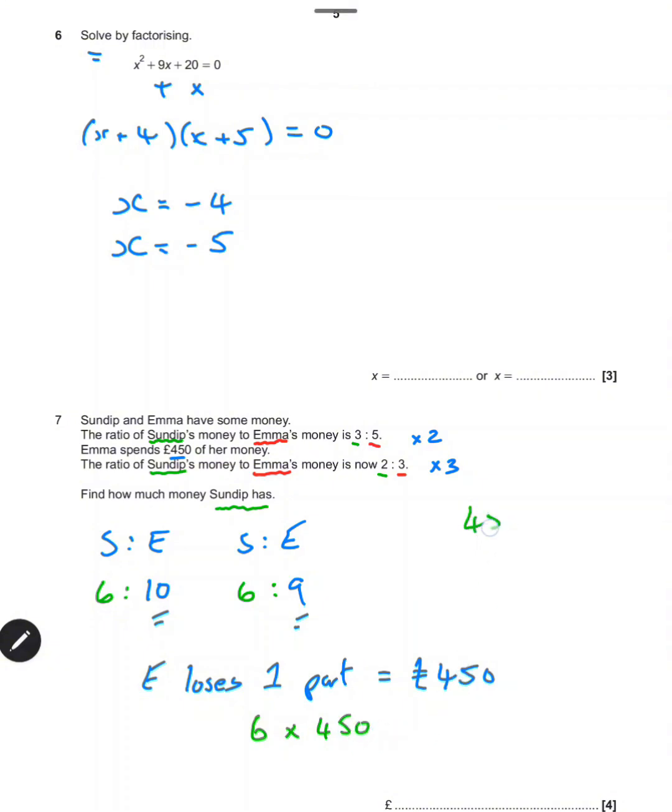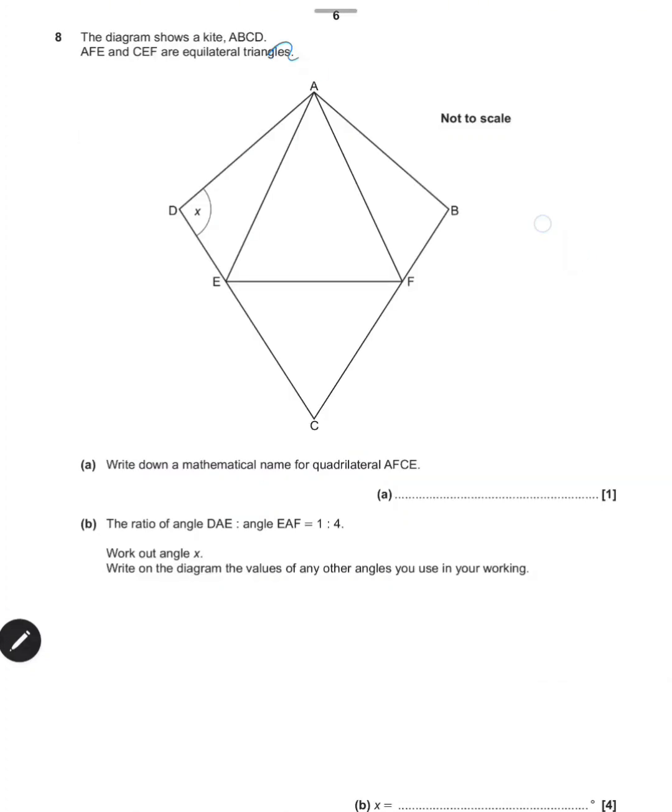And I'm just going to do that up here. This is a non-calculator paper. 6 noughts are nought. 6 fives are 30. 6 fours are 24. With the 3, that's 27. Sundip has £2,700.